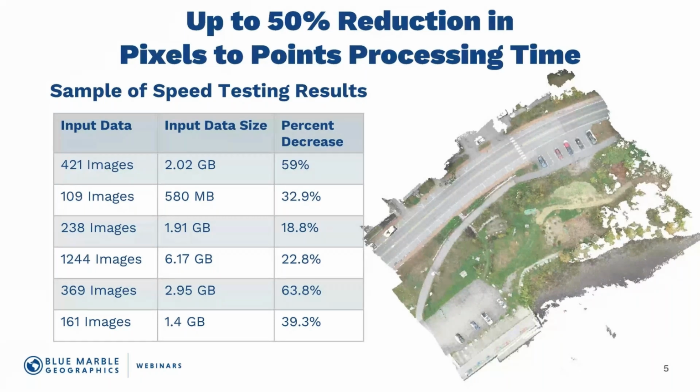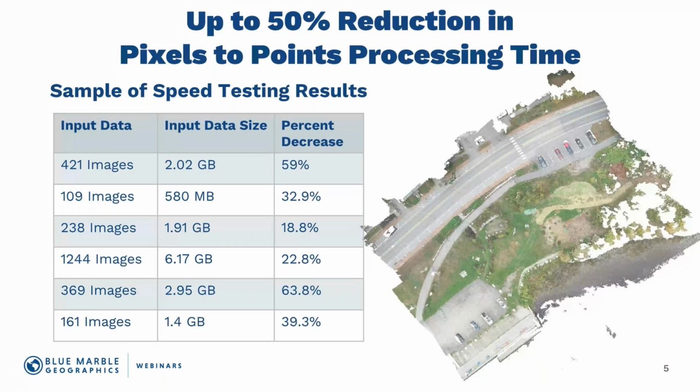So in this table, I have the number of images we're working with, the total size of that input image set, and then the percent decrease in processing time. So, we can see that we have pretty significant reductions in processing time. We've sped up this process, made it more efficient, without compromising the accuracy and integrity of the outputs.